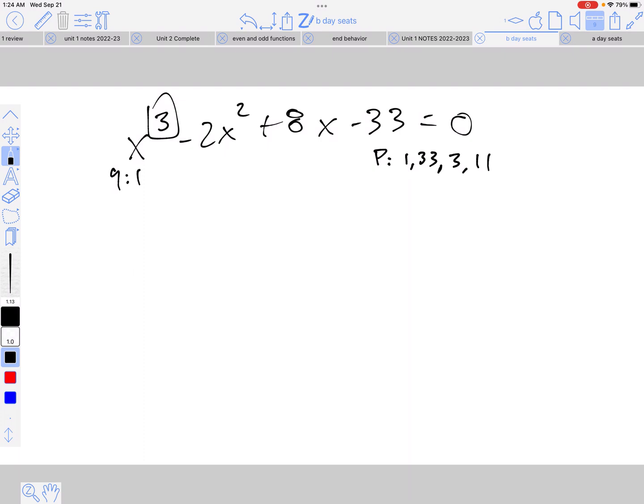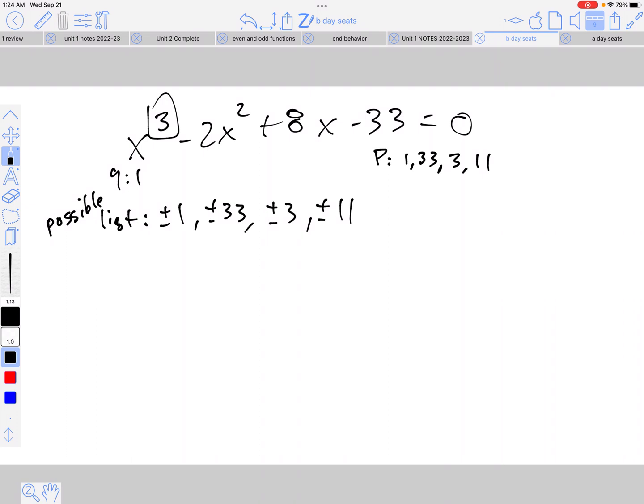So when I divide every p by every q, I'm just dividing every p by 1. So my possible rational roots are 1 and negative 1, 33 and negative 33, 3 and negative 3, positive 11 and negative 11.